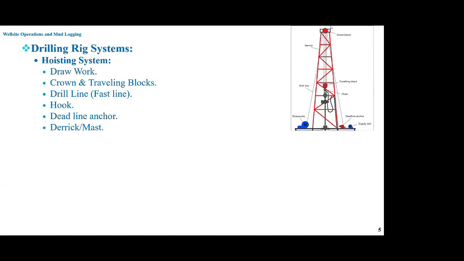There is the rail line, the hook attached to traveling block, the swivel, and the deadline anchor, which is very important, especially when we will talk about mud logging sensors and hook load and weight on bit parameters. There is the supply reel. The hoisting system serves in lowering and lifting of the drill string.